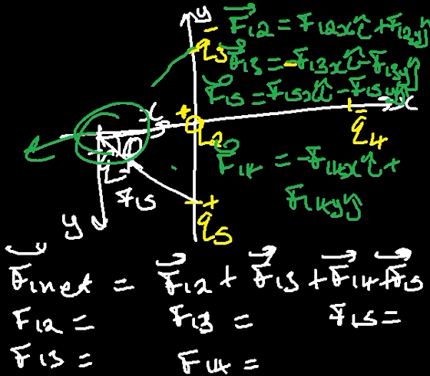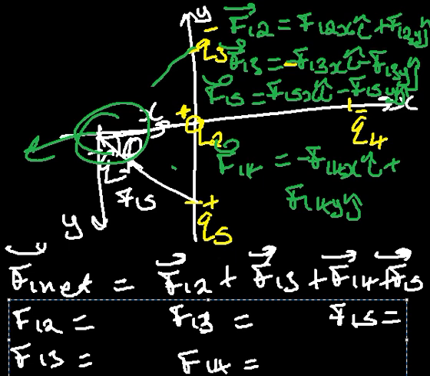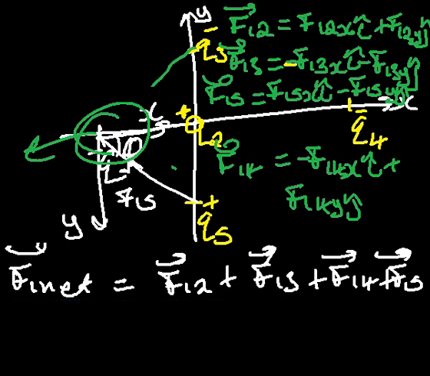Then next we are going to have F1 net x, meaning summation of forces on charge 1 along x-axis due to the other charges.